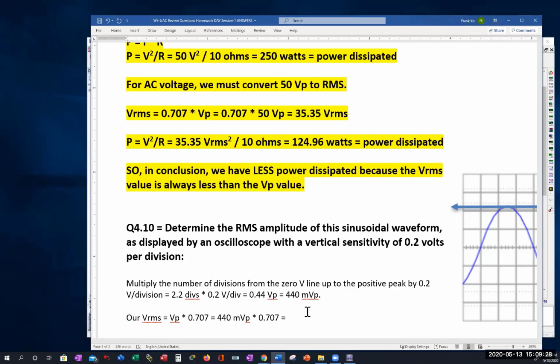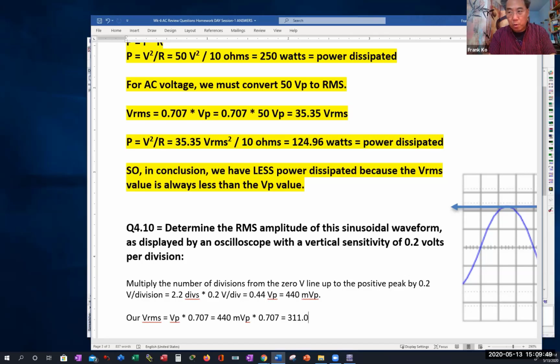Pauline. I'm getting 311 millivolts. Oh, I'm sorry, 311.13 VRMS. You're using the square root of 0.5? Yes. Excellent. Okay.